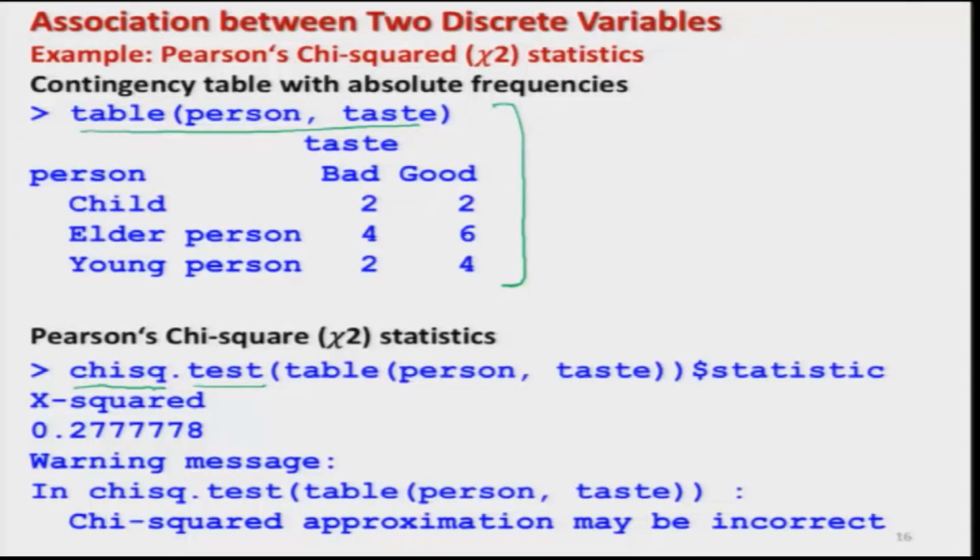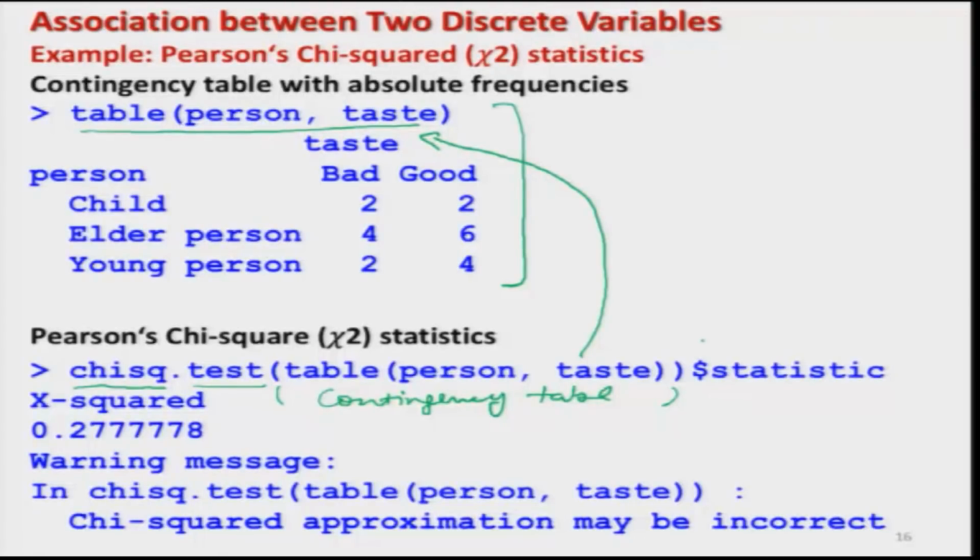This is a short form of chi-square test, and inside the argument I am giving the data in terms of contingency table. So, this is table(person, taste) and the bracket closed. This is the same command which is given here.